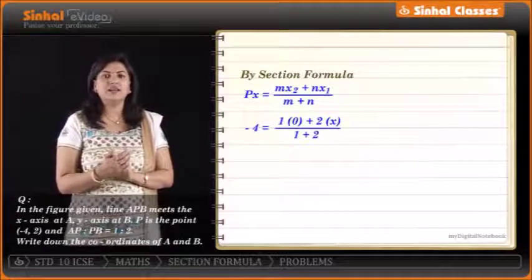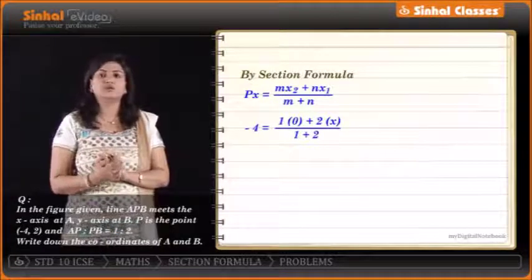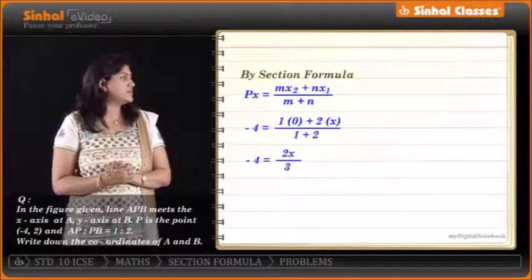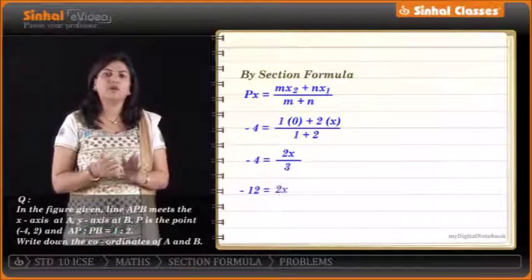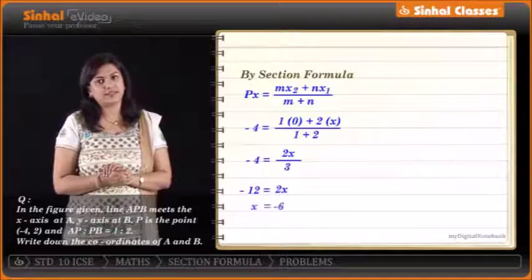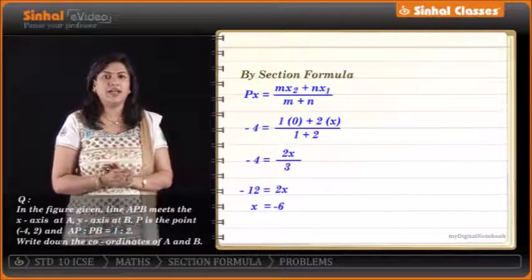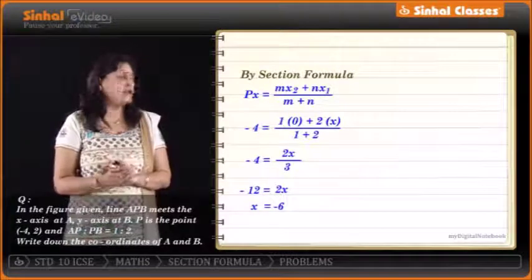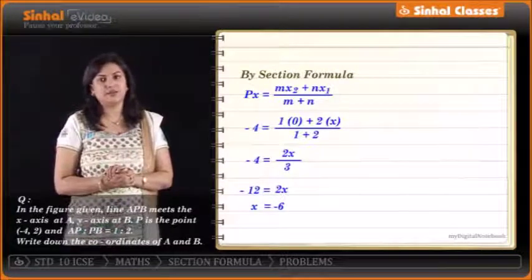Simplify, -4 is equal to 2x upon 3. That is, -12 is equal to 2x. So x is equal to -6. So the point A, which has coordinates x, 0, will become -6, 0.